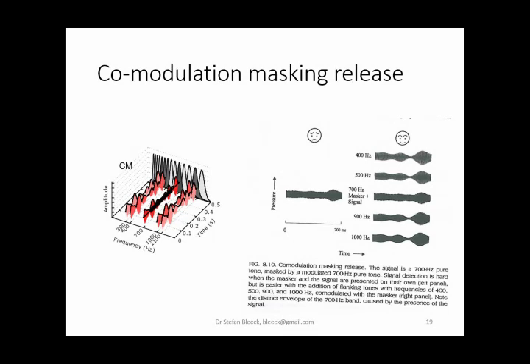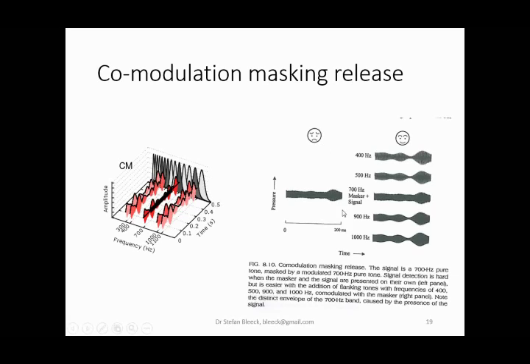At the best frequency, maskers are most efficient, obviously. So in other words, it is virtually impossible to hear the 700 Hertz tone if it is masked with the 700 Hertz narrowband noise. That's why this face is unhappy here, because it doesn't hear the target.